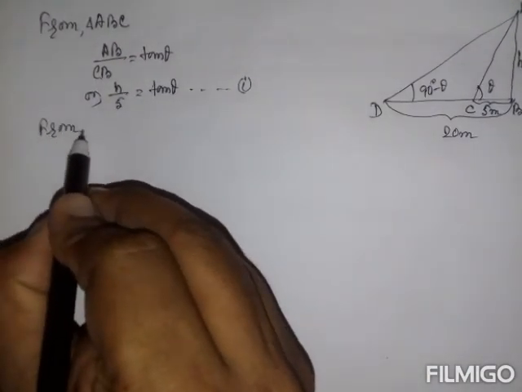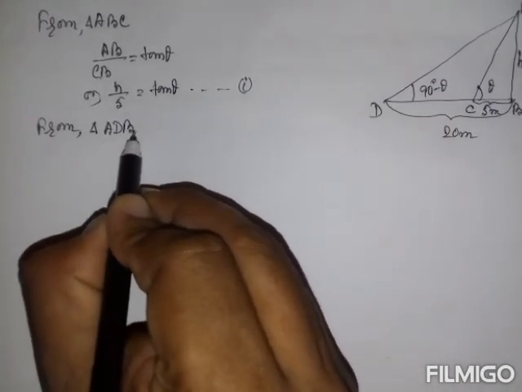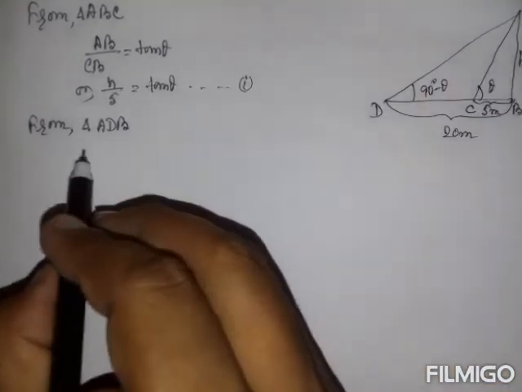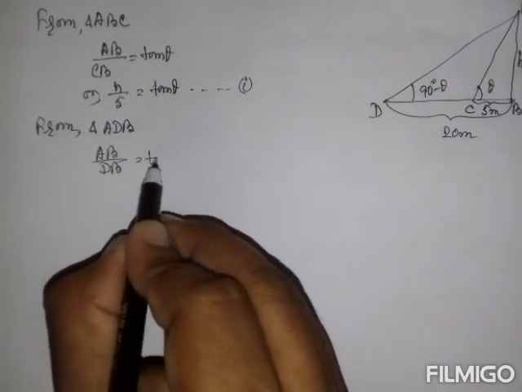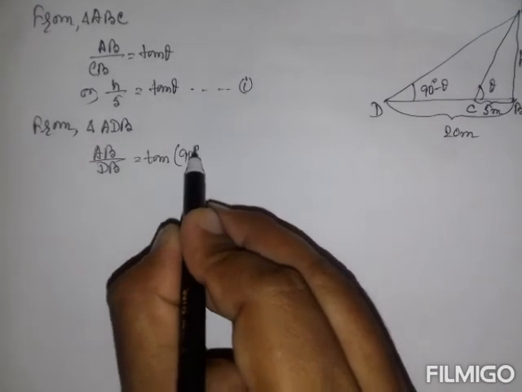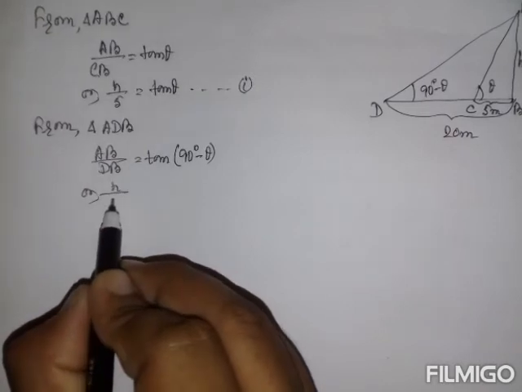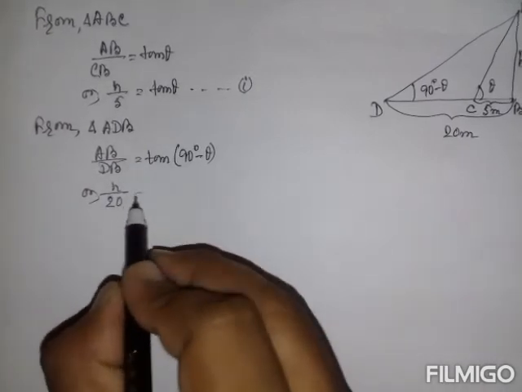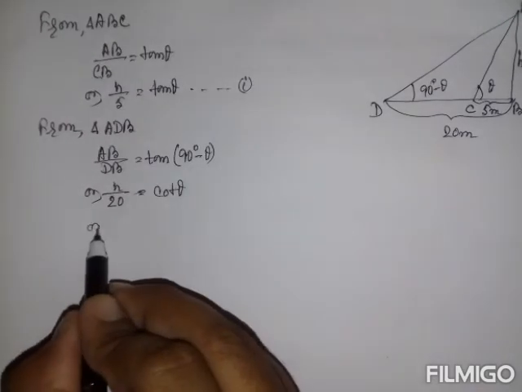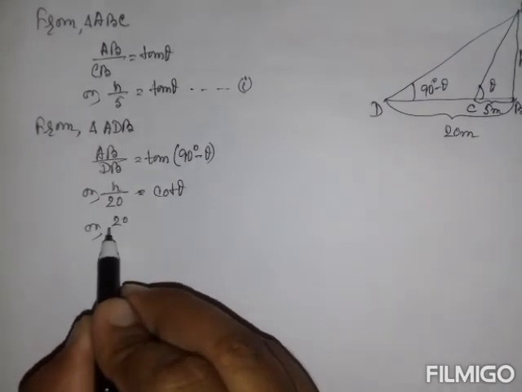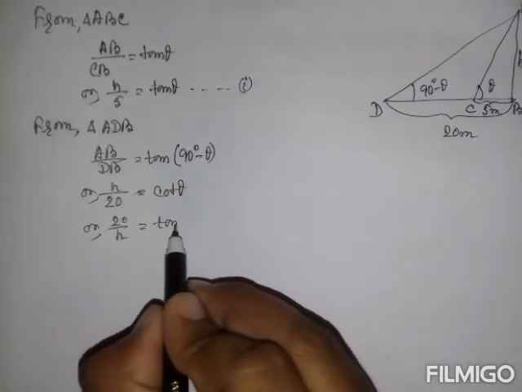Now from right angle triangle ADB, we can tell that AB by DB is equal to tan 90 degree minus theta, or AB means H and DB, the value of DB is equal to 20, is equal to tan 90 degree minus theta is equal to cot theta, or 20 by H is equal to cot theta.